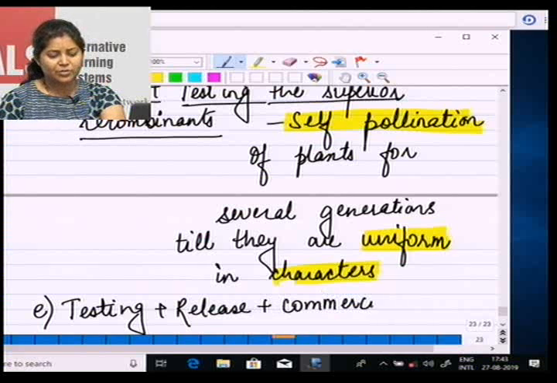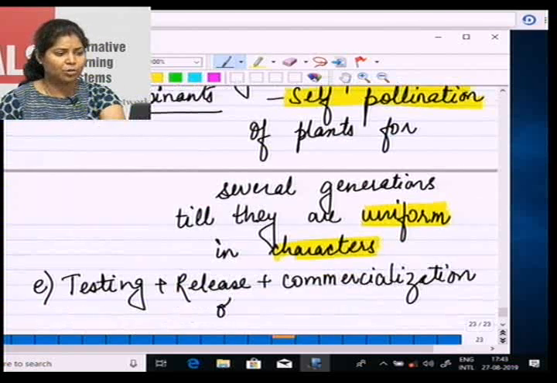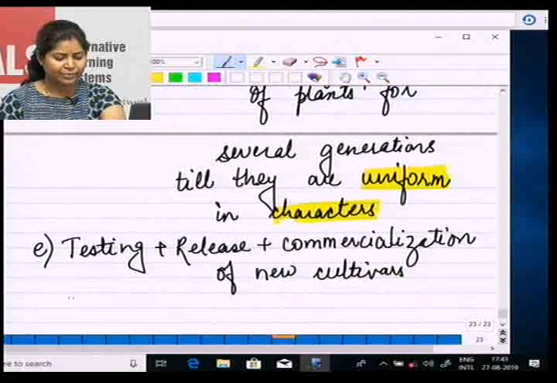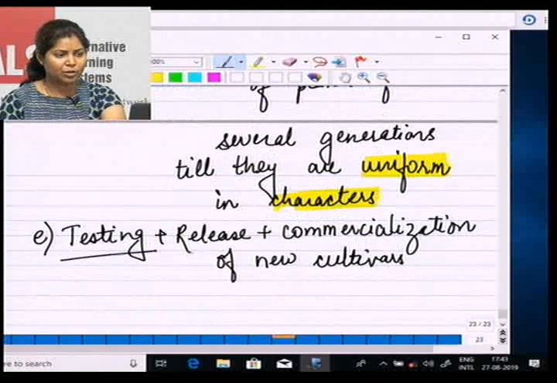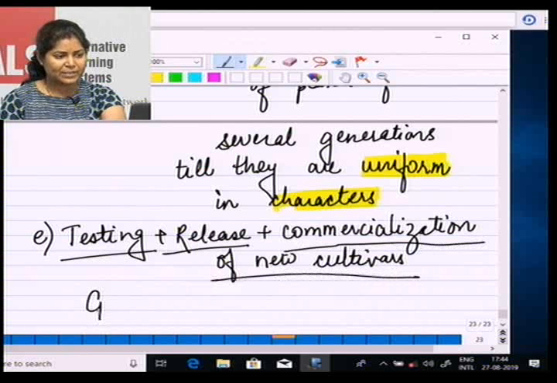So it is commercialization of new cultivars. It takes a huge amount of patience, a huge amount of hard work before doing these kinds of experiments. It is a tedious process.